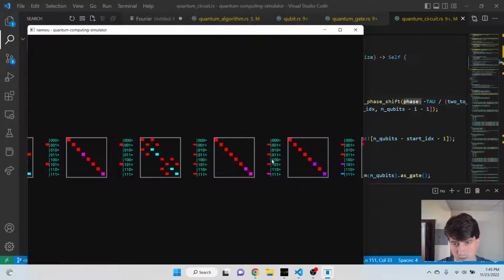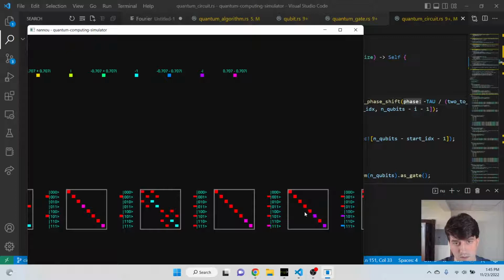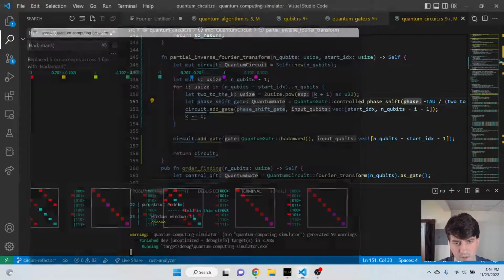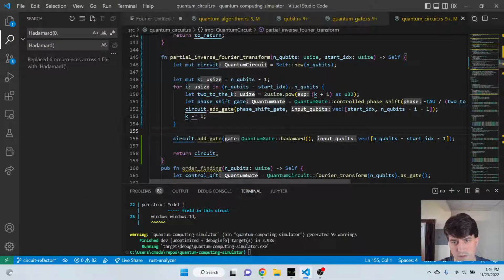Okay, so this is a quarter, this is a quarter, this is an eighth. No, this is an eighth, this is an eighth, this is a quarter. But this still isn't right. It's not n qubits minus 1, because that should be a quarter. It is n qubits minus start IDX.